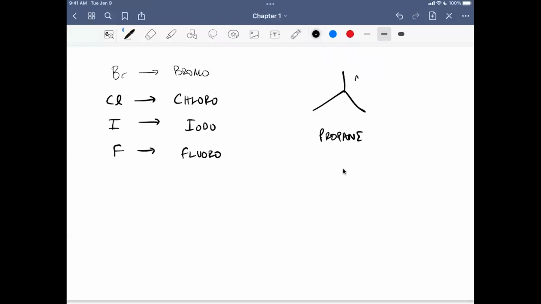That wouldn't be methane. Remember, that's methyl. So same thing. Let's say this was a bromine. This wouldn't be bromine. It would be bromo. So it's the same kind of thing here. This would be 2-bromopropane.